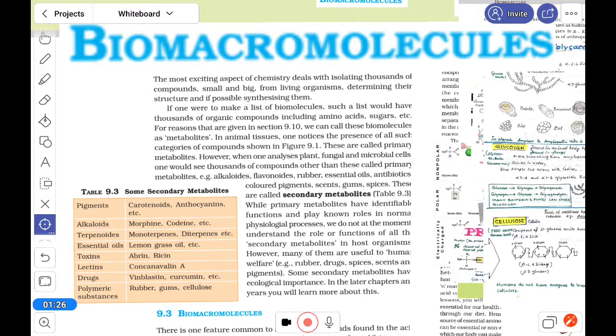Here it has a clear division of the metabolites, which is primary metabolites. Primary metabolites, you can see in figure 9.1, where the elements, just recall: hydrogen, carbon, oxygen, nitrogen, sulfur, sodium, calcium, magnesium, all this. And here the secondary metabolites.